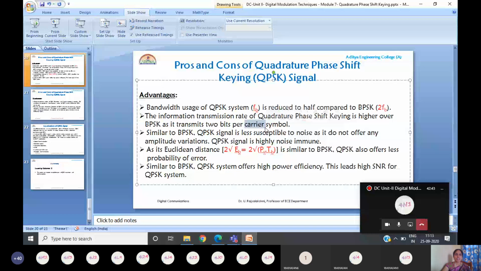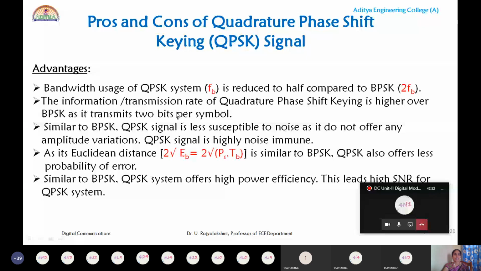What are the advantages here? The information or transmission rate of QPSK is higher over BPSK because it transmits 2 bits per symbol. In BPSK we transmit only 1 bit per symbol, but here you are grouping 2 bits. So that's why the information rate is higher than BPSK.